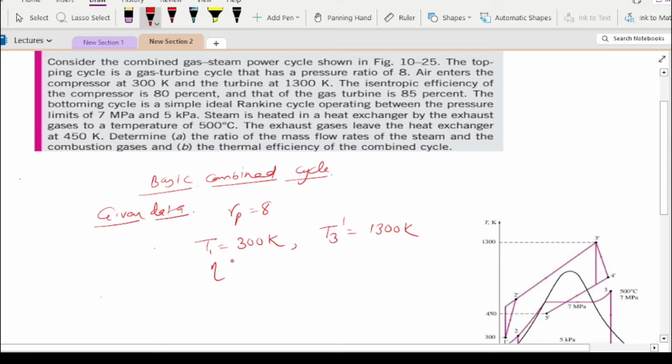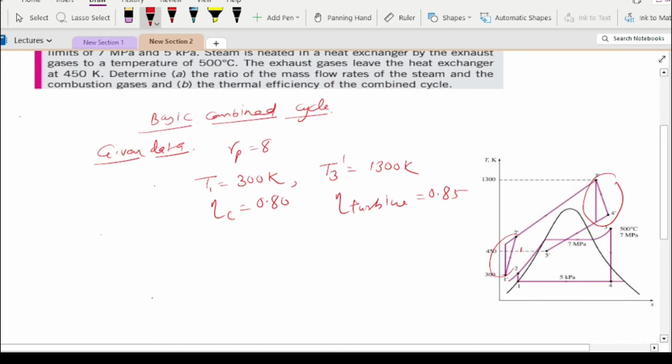Isentropic efficiency of the compressor has been given as 0.80. Efficiency of the turbine is 85%. It means that compression and expansion are not isentropic. So let us suppose that this is the 2s point and this is the 4s point.